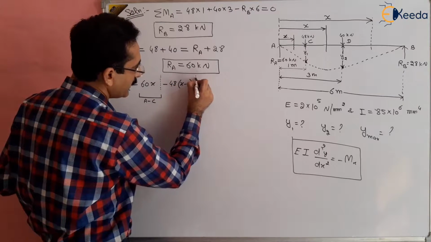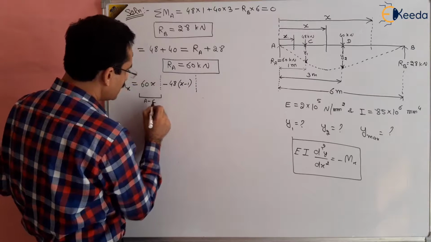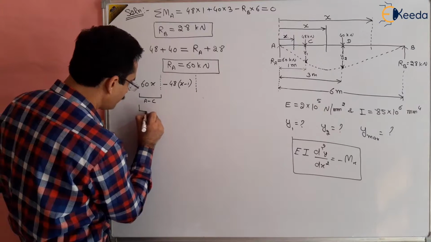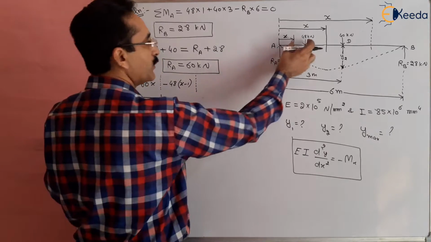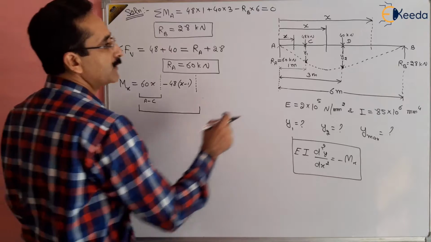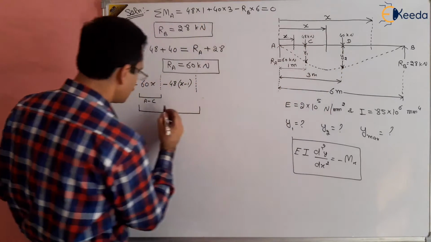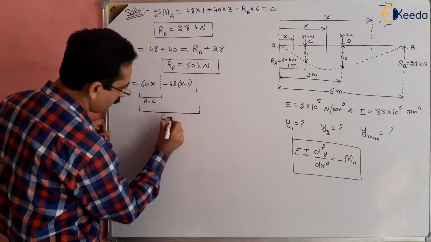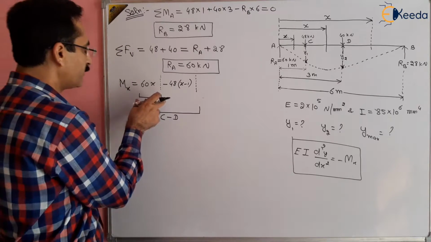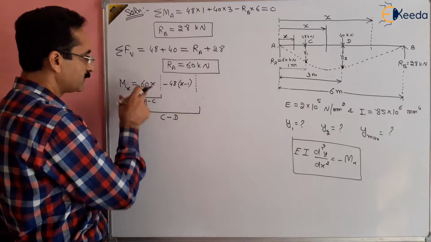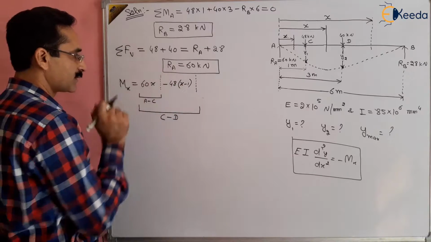And this whole expression, 60x, the moment of this and the moment of this, will be valid between C to D, right? So one part is valid between A to C, another part is valid between C to D, the whole part being 60x plus this thing.